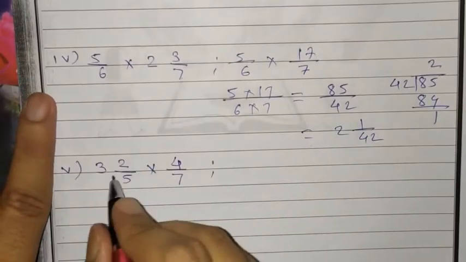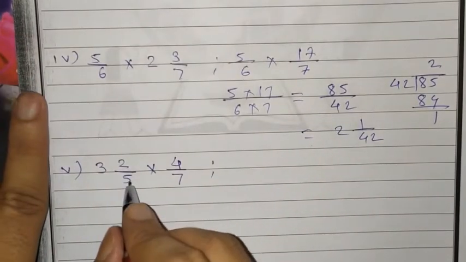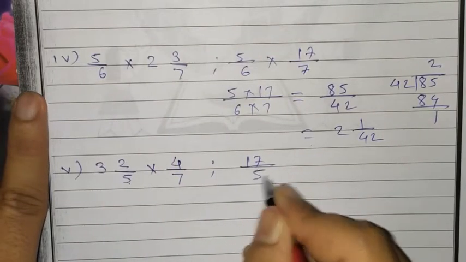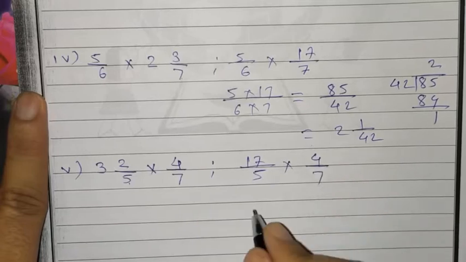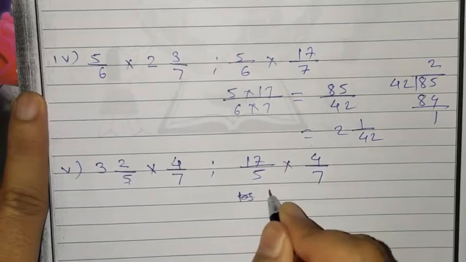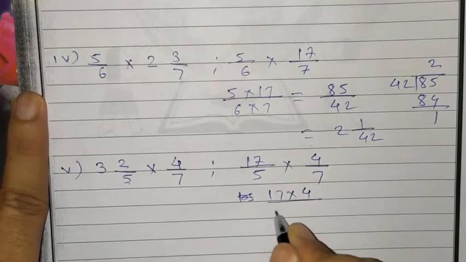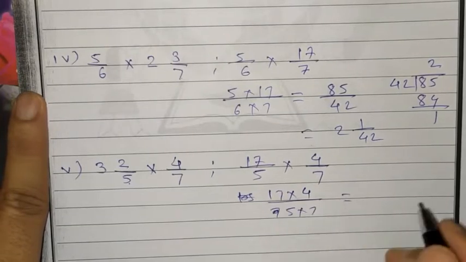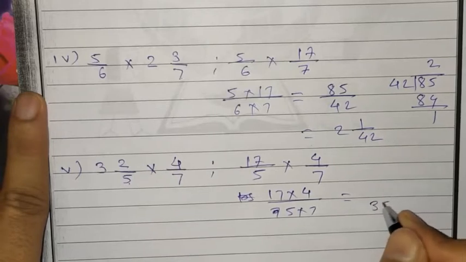Moving to the next, a mixed fraction is there. So convert it into an improper one. 5 into 3 is 15. 15 plus 2, 17 upon 5 into 4 upon 7. So do the multiplication. 17 into 4 and downside 5 into 7. So 5 into 7 is 35.